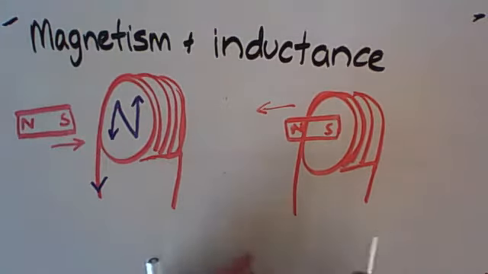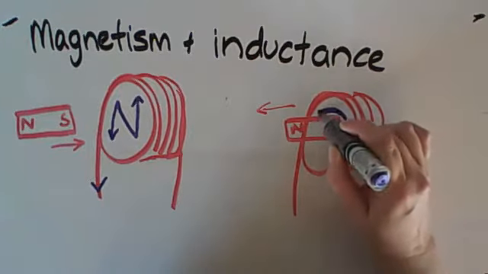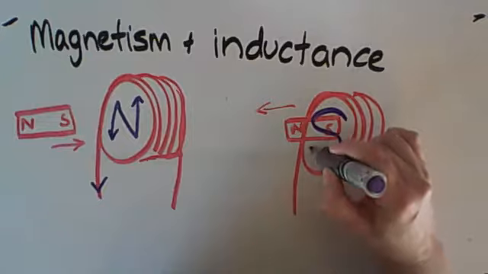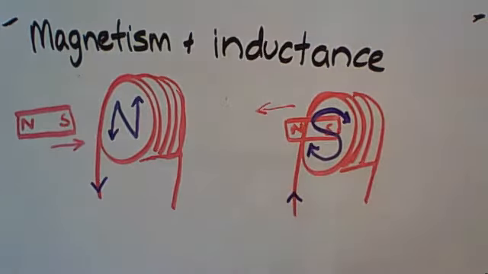We've caused a magnetic field inside the coil. So now the coil doesn't want to change. So when we pull it out, what we get is a south pole. And this time, the current flows in the opposite direction. So a current always flows because it's resisting the change in the magnetic field.